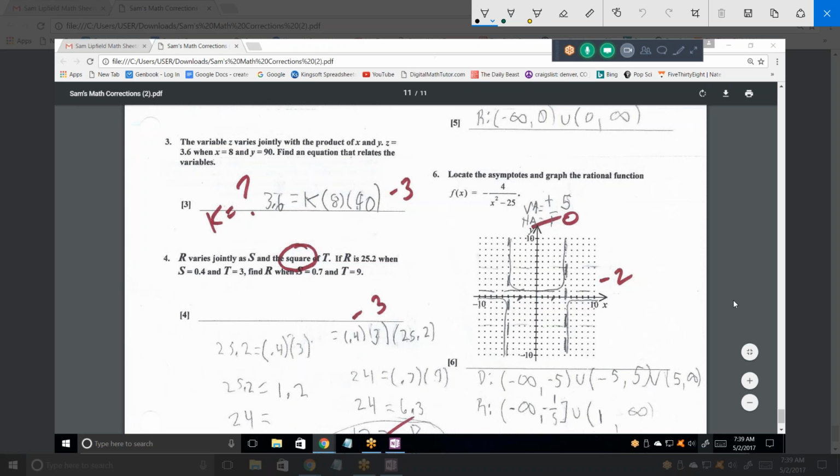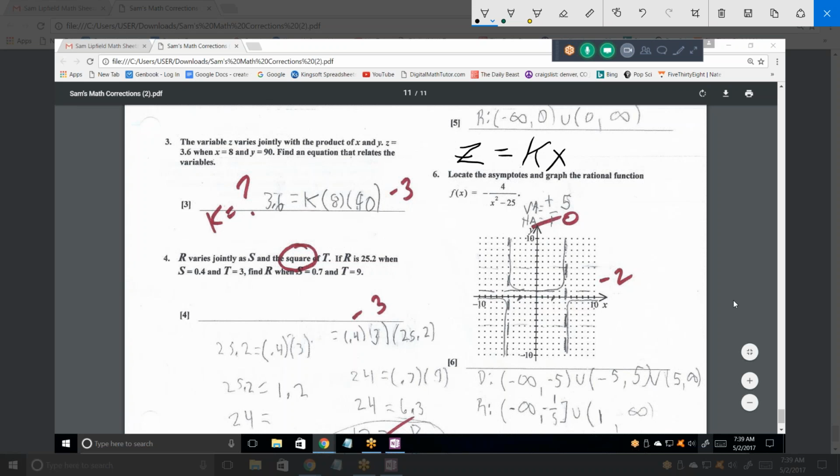When something, a variable z, varies jointly with the product of x and y, how would I write that? I don't remember. It's been a long time. All right. When something varies, that means an equal sign. There's always a k involved. If I were to say z varies directly with x, this is the way it would look.